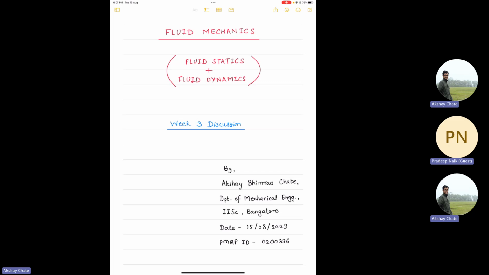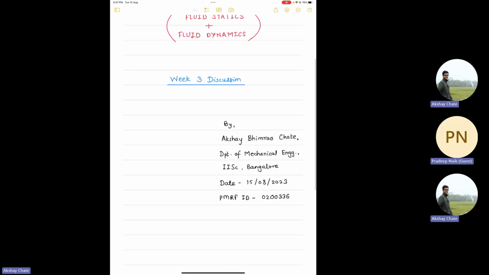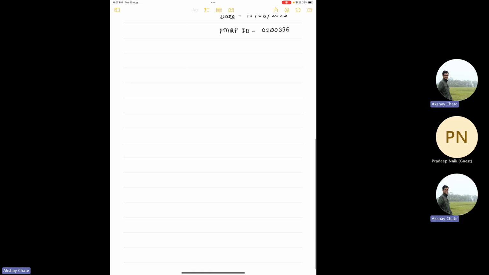Hopefully you remember what we discussed last time. When there is a curved surface, we generally divide the hydrostatic force acting on it into two parts: one is the vertical component and another one is the horizontal component.